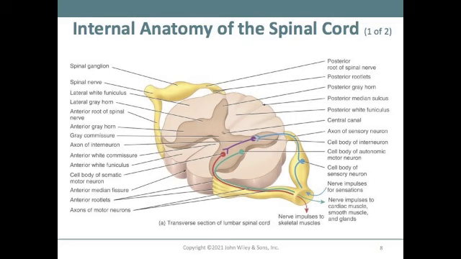And this is how you could tell the anterior portion of the spinal cord, which also is going to translate into the vertebra. But this is actually looking inside of the vertebra at the spinal cord itself. So the anterior portion of the spinal cord has this pretty big fissure in the front.